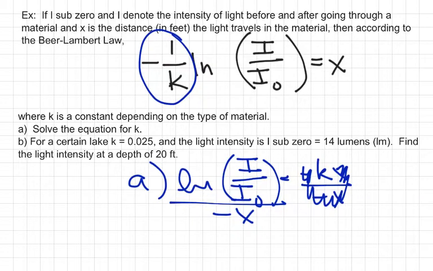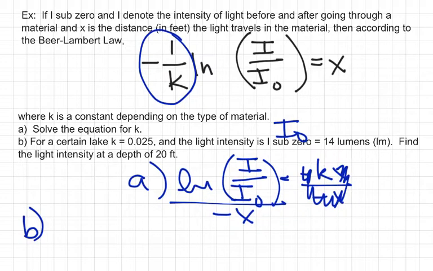All right, let's go to B. For a certain lake, k is equal to 0.025, and the light intensity is I sub 0 equals 14 lumens. Sorry, I couldn't write I sub 0. That's what I mean. Find the light intensity at a depth of 20 feet.